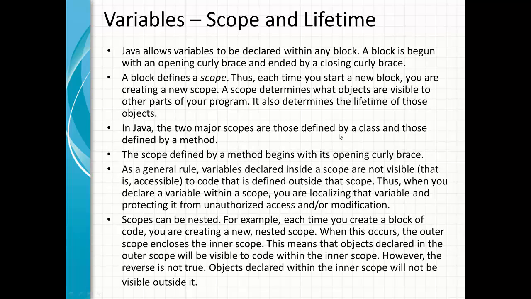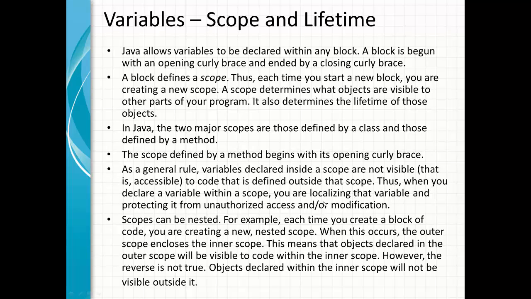Now, in Java, there are two major scopes: one is defined by a class and the second is defined by a method. The scope defined by a method begins with its opening curly brace. As a general rule, variables declared inside a scope are not visible, that is, not accessible, to code defined outside that scope. What does that mean? We will see that now.